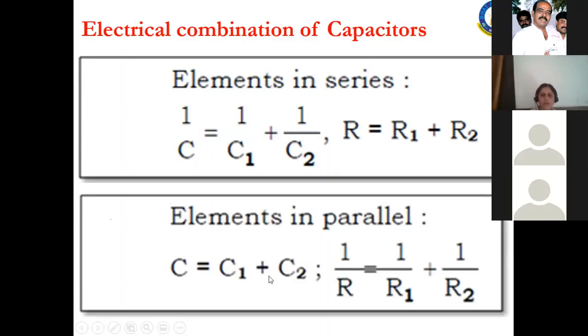Similarly, for the parallel combination, in case of capacitors, we add the individual capacitors. In case of resistors, it is the sum of reciprocals of the individual resistors that gives the reciprocal of the equivalent resistance.